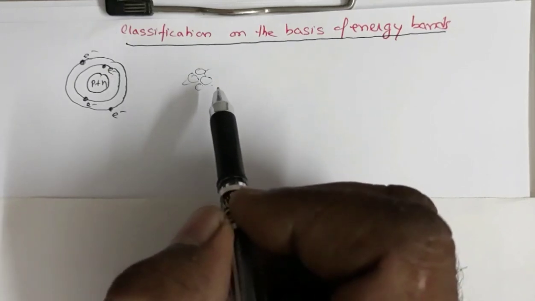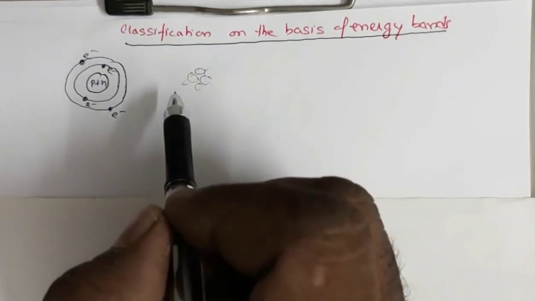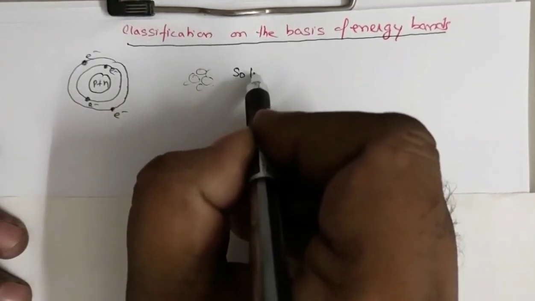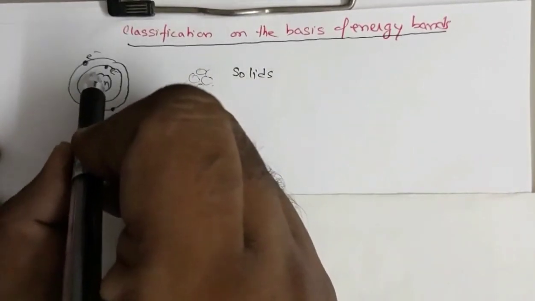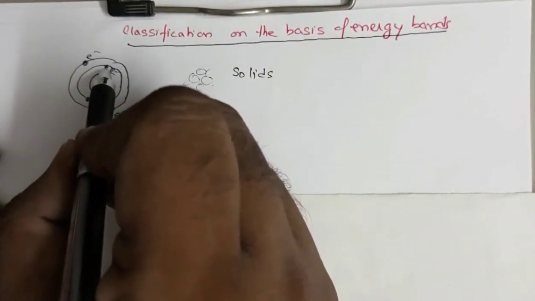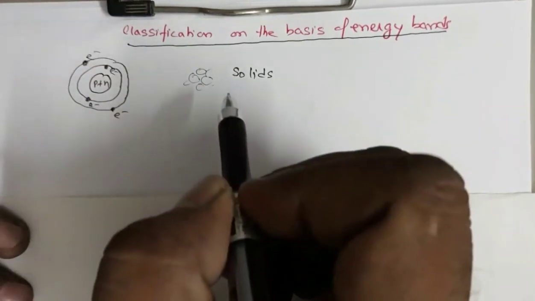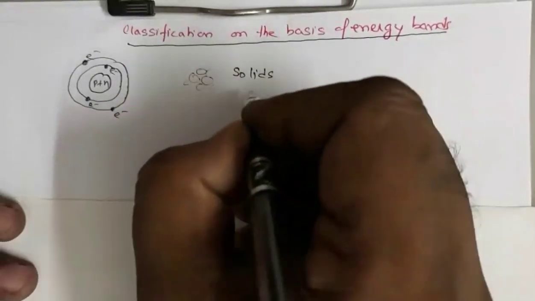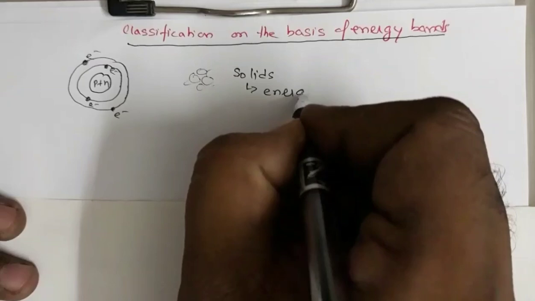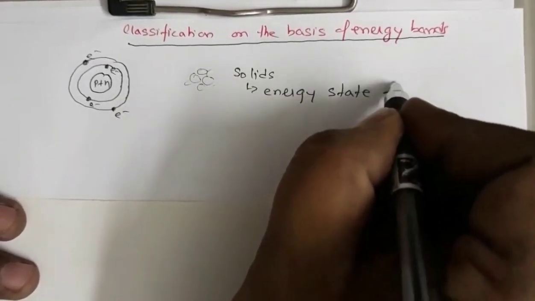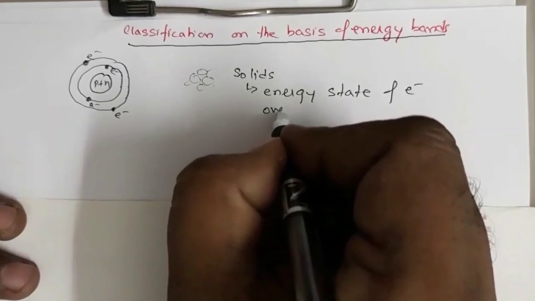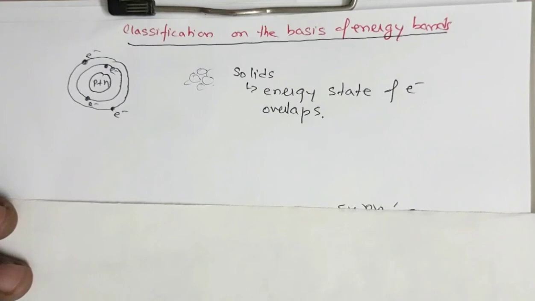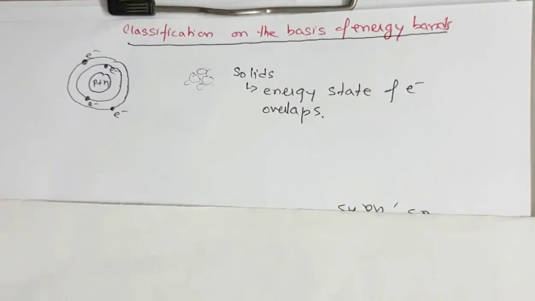It is for this reason that the energy level states of electrons overlap. For a single atom, each electron has a different state, but in solids, since the atoms are very close, the energy states of the electrons overlap, and they form a continuous variation.